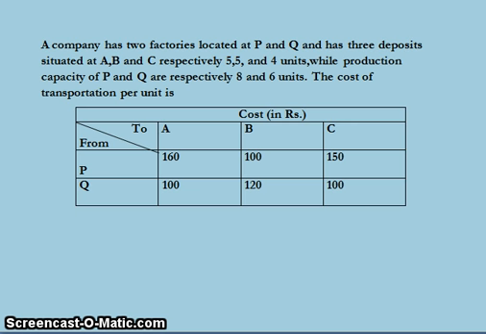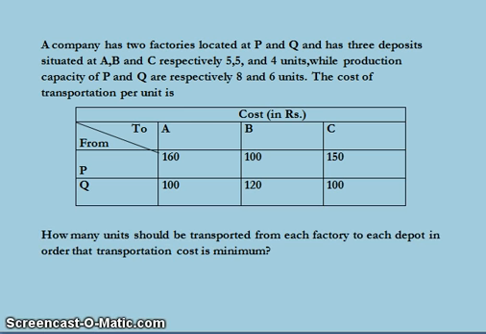The cost of transportation per unit is given in the table, and we have to find out the units that must be transported from each factory to each depot in order that the transportation cost is minimum.